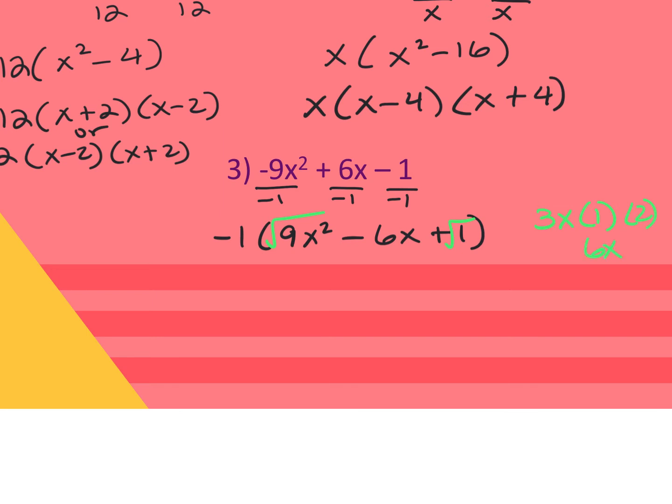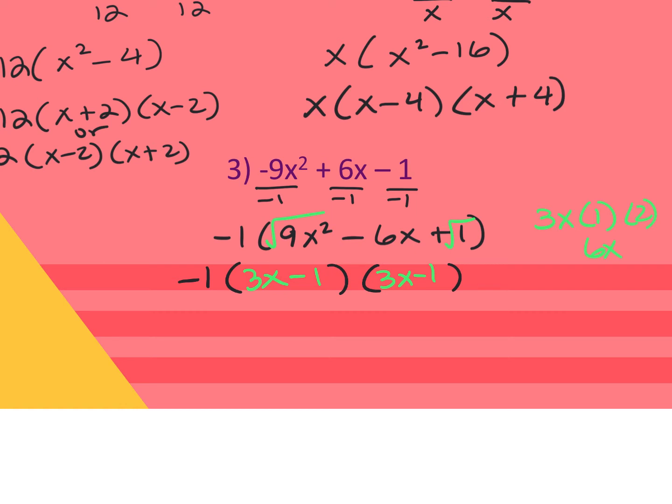And because it does, I can just use the trick now of factoring this perfect square trinomial. And each binomial is going to be the same. And if you don't want to write it twice, that's fine. But the square root of 9x squared is the 3x, goes in both spots, and then the square root of 1 is 1, and they're both the same sign as the middle.